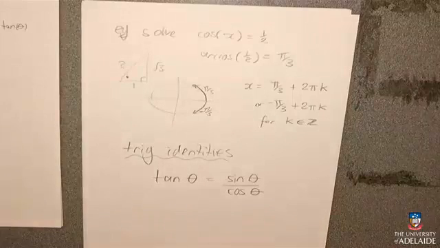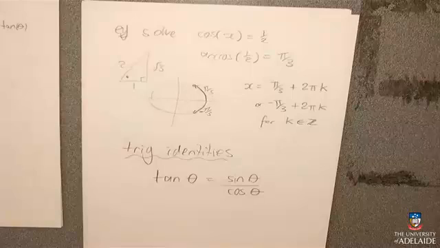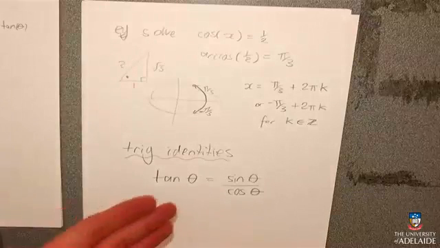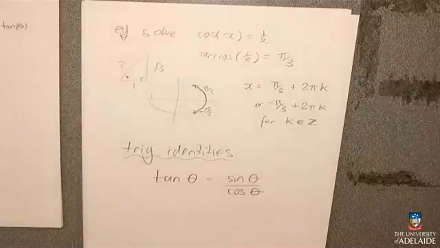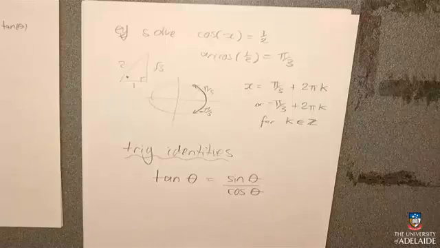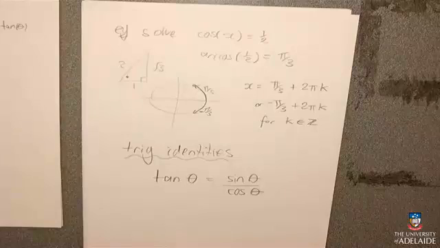Now, if your definition of tan theta is the height that's on that tangent, which is what it was originally back in the day when they first defined it, then this would have been a surprise. Whereas today, they define tan theta to be sine theta divided by cos theta. And then it's a surprise that it belongs on the tangent, which is probably a surprise to many of you. But there you go.